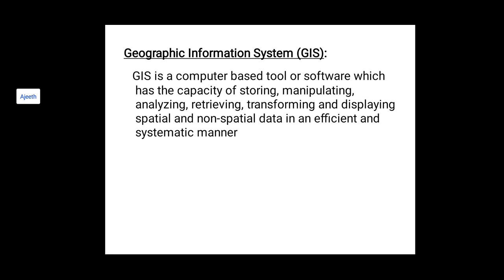So whatever the data we have collected in the remote sensing, that has to be processed. So with the help of GIS, it is a kind of a tool or a software which can store the data, it can interpret the data, it can manipulate the data, right?